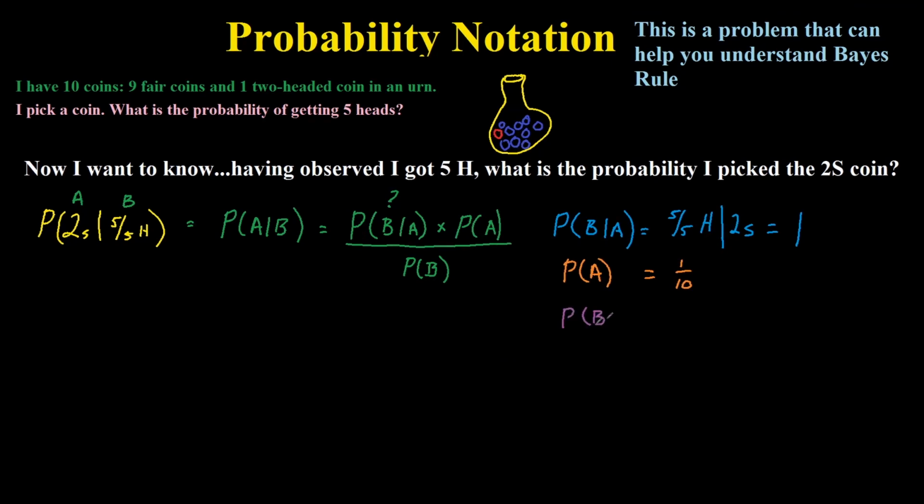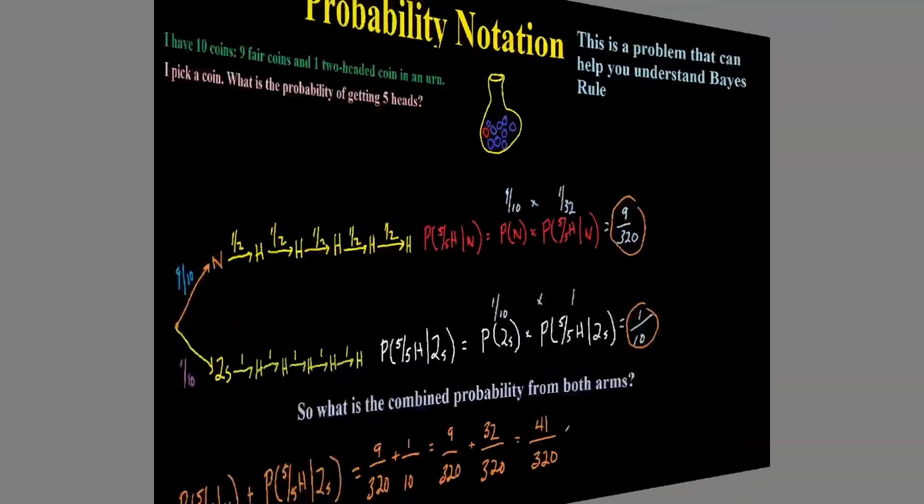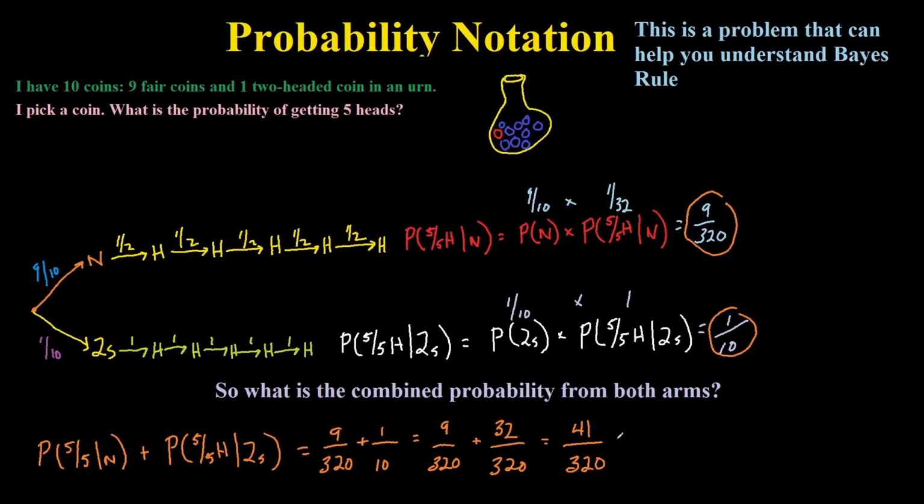Now we have to figure out the probability of B, and that's a little harder. What is the probability of getting 5 out of 5 heads no matter which coin we picked? Well, we figured that out, remember? Initially, we figured out what the probability of getting 5 heads was no matter which coin we picked. So if we pick the normal coin, we know that the probability of getting 5 out of 5 heads was 9 over 320.